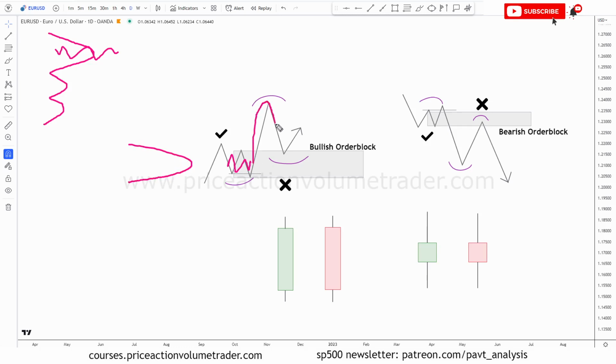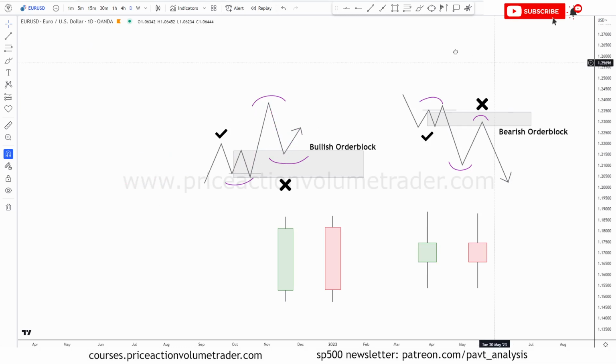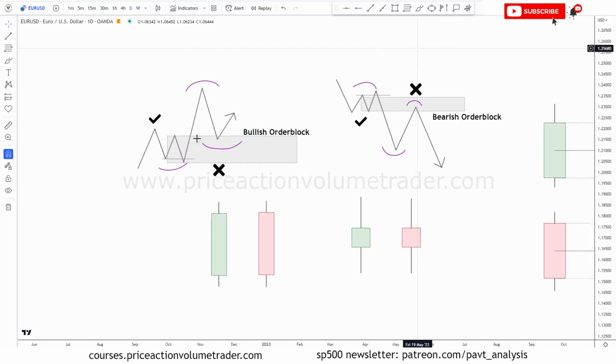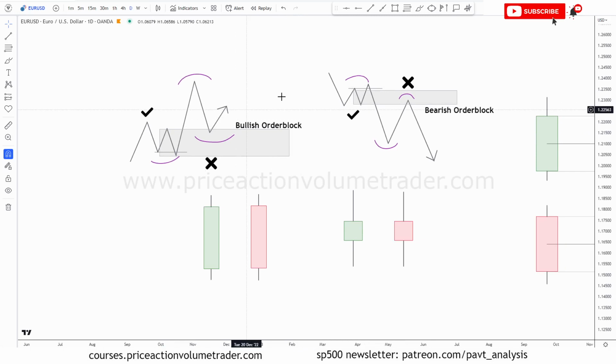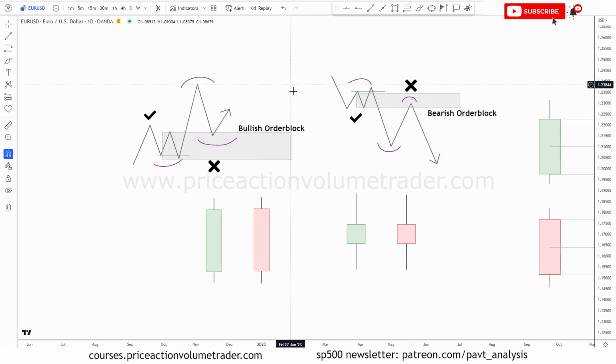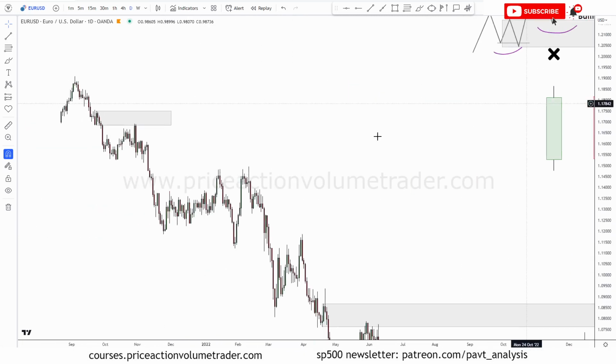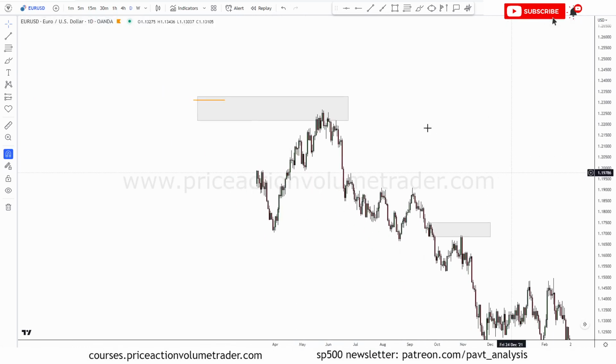Then we take off, and when we come back, we're retesting the edges of the high volume node, which is exactly the areas where I like to go in on the profile. So again, you can see how this is related really to a lot of different styles of trading. It's just different ways of looking at the same thing, but this is just basically the terminology that ICT started using for it.